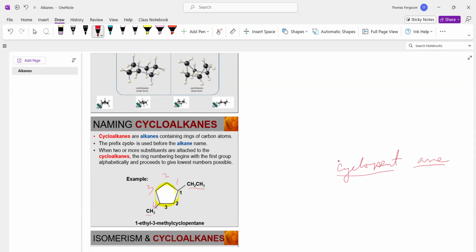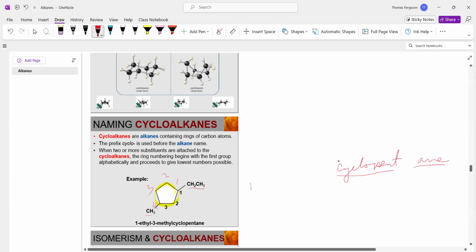So the first one is going to give the methyl as a 3. The other way, it'll give the methyl as a 4. And we can start counting at the methyl or ethyl also, whatever ends up being the lowest number. Because 3 is lower than 4, we're going to go with that.